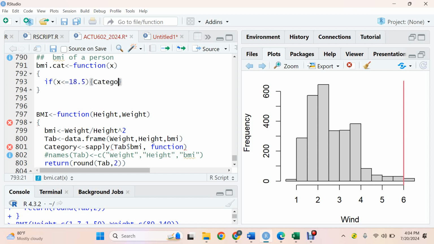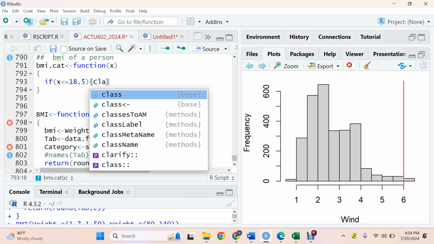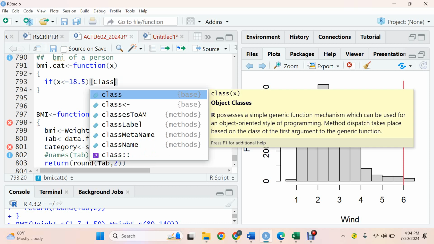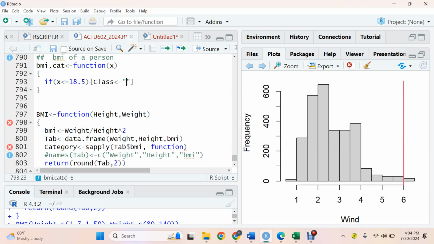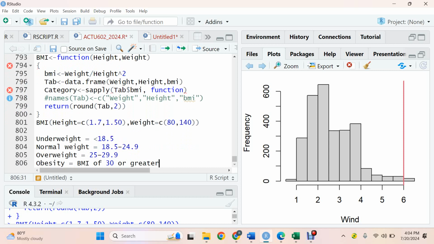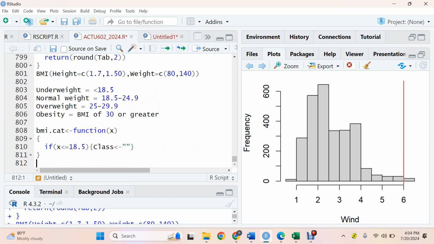Category or classification, whatever you want to call it. Class, let me say class. Its class is underweight, right? Okay. So you put it there.